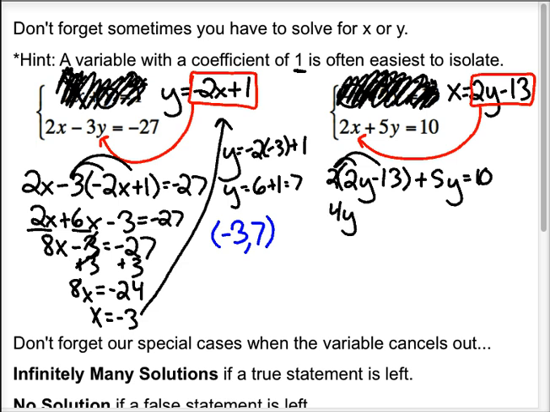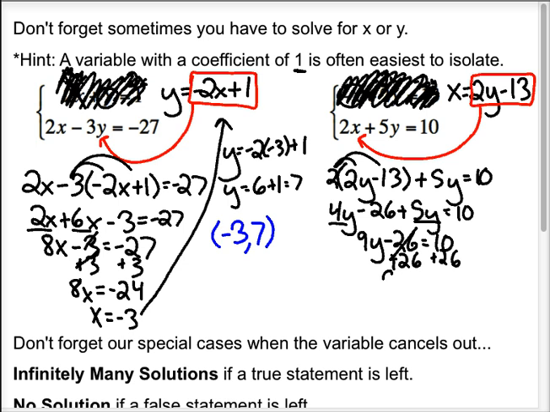So 4y minus 26 plus 5y equals 10. Now I see some like terms to combine. So 4y plus 5y is 9y. Now I can add my 26 to both sides. And I can divide by 9. So I'm going to get a y of 4.